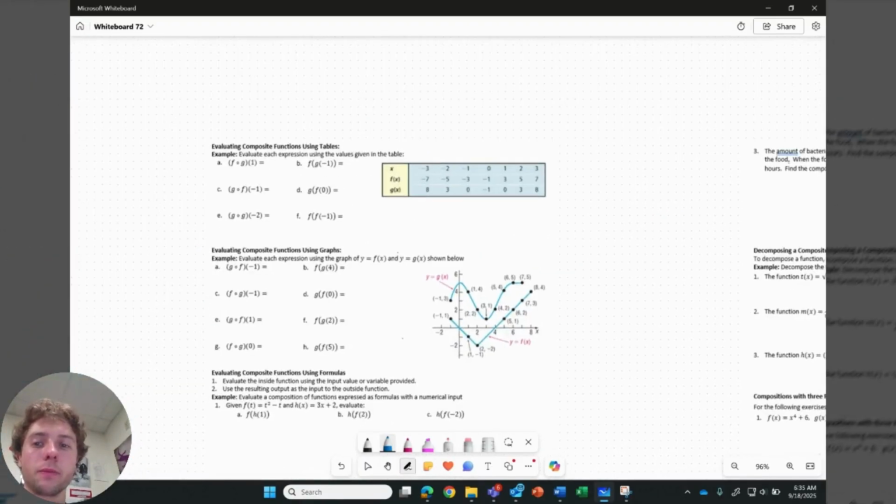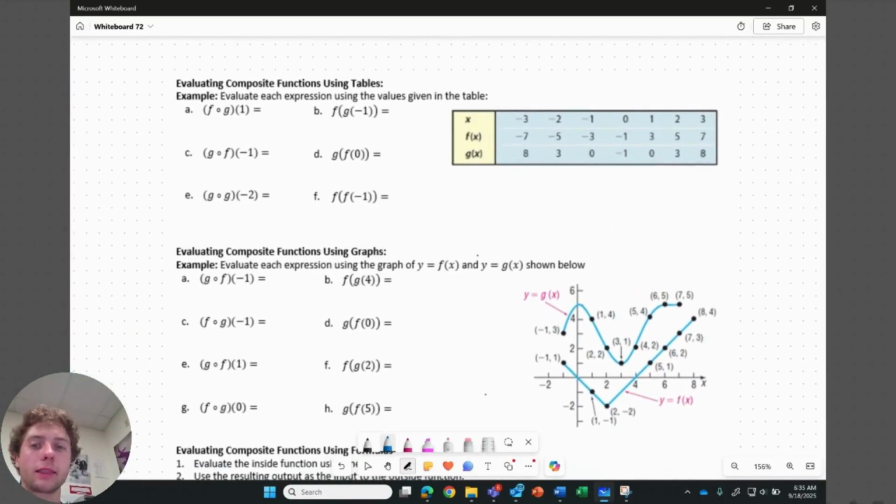Let's continue. These next ones I think are pretty interesting. I think they're a little quicker for us as well. On A, one thing we can always do is just rewrite. I like to rewrite it like something like this. Notice now, though, G of 1. Notice there's a value on the inside.